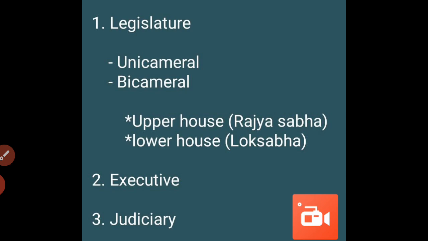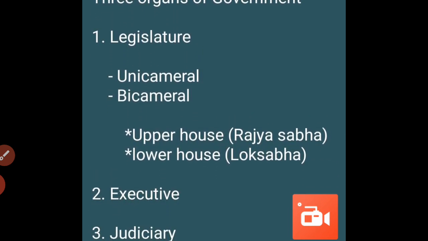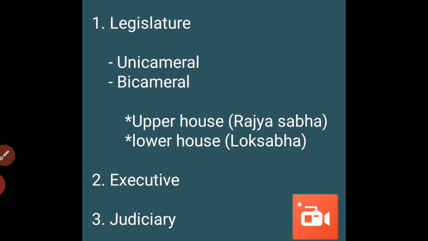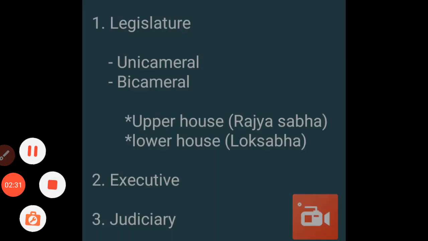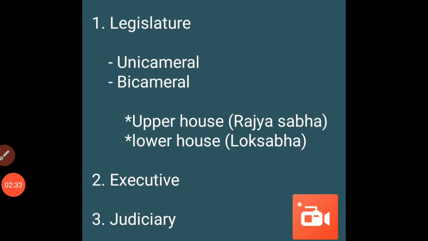For the progressive development of a state, it is necessary that all three organs of the government, that is legislature, executive and judiciary, work in mutual unity, cooperation and coordination so that the government can run its administration effectively and efficiently.